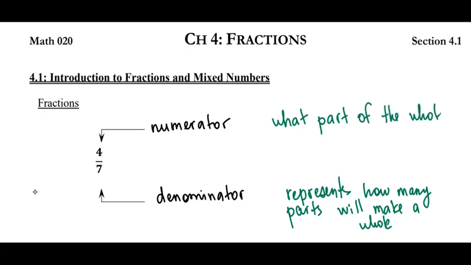Right, so those are the fractions. As it is right now, we're looking at a proper fraction because the numerator is less than the denominator. Again, the numerator is smaller than the denominator.